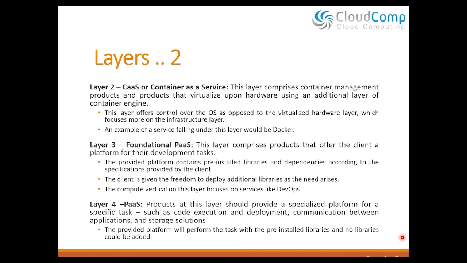Swarm is the network, and S3 is the storage bucket, where there is no requirement of compute because it is an object storage. Then we come to layer 4, which is PaaS.